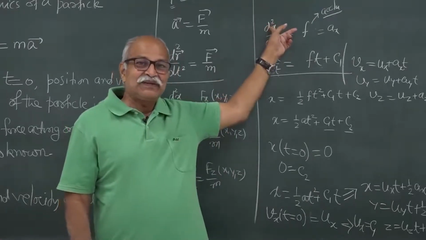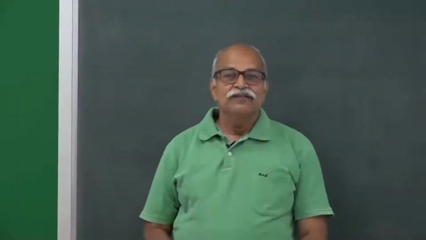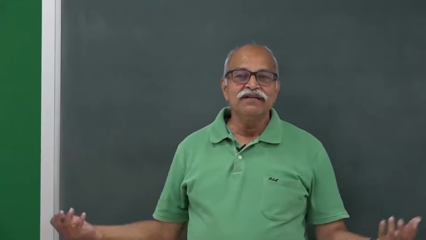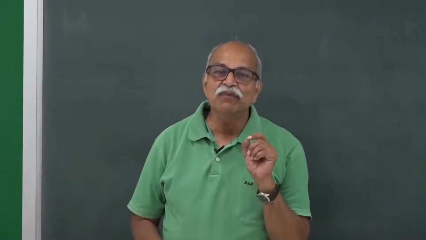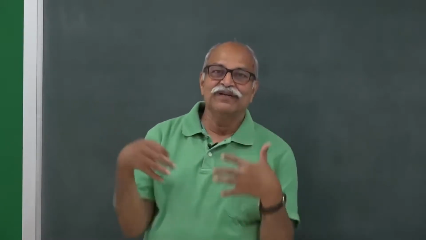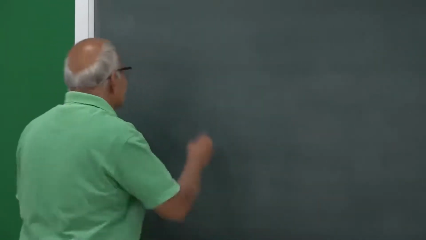So, let me talk about those physical quantities. One very important parameter in Newtonian mechanics is linear momentum of the system you are studying. It may be a single particle or a system of particles, rigid body, whatever.